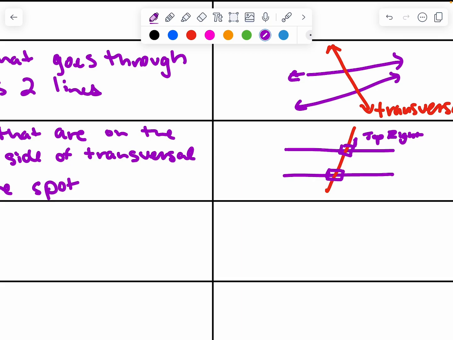My angle that it would be corresponding to is also in the top right. So that would be angle 2 here. So I'm going to get rid of the boxes just because I feel like that's a lot. So I'll just put the top right. Obviously, they don't necessarily always have to be in the top right. You could have top left, or bottom left, or bottom right. This is just our situation, the picture I have here.